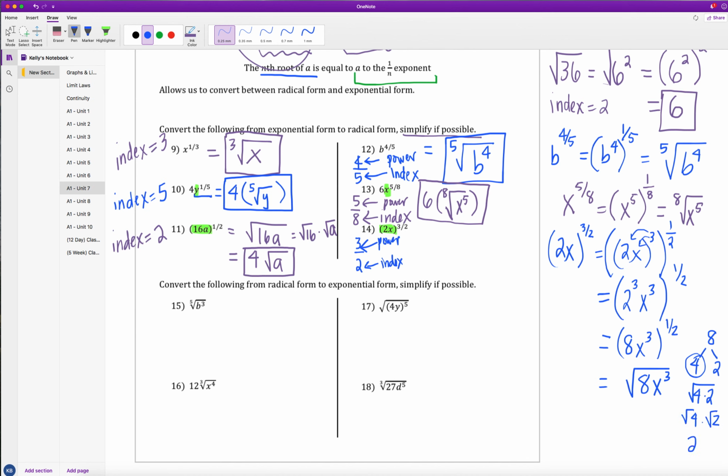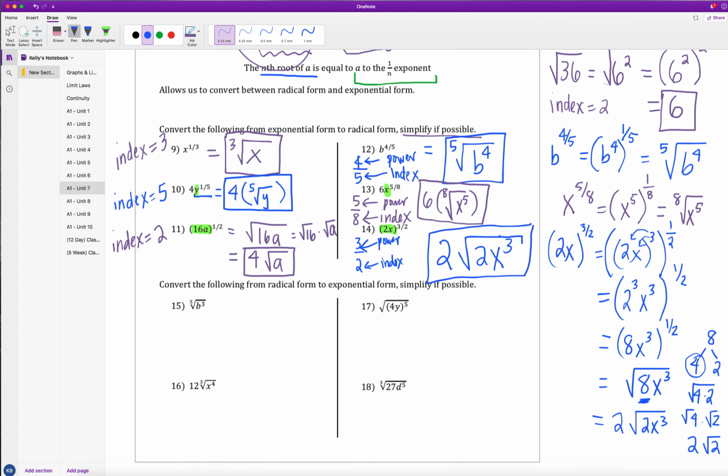The square root of 4 is equal to 2, and the other 2 is left inside. What that tells me here then is I can simplify this 8, and this becomes 2 times the square root of 2x cubed. So my final answer I'll put up here is 2 times the square root of 2x cubed, all inside that square root.